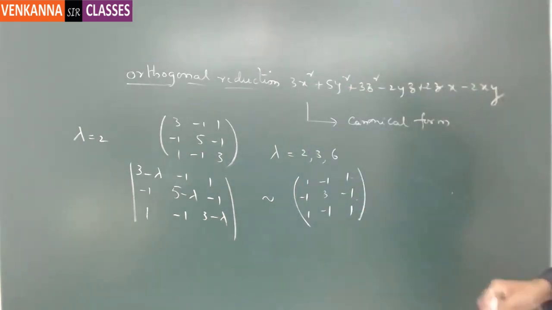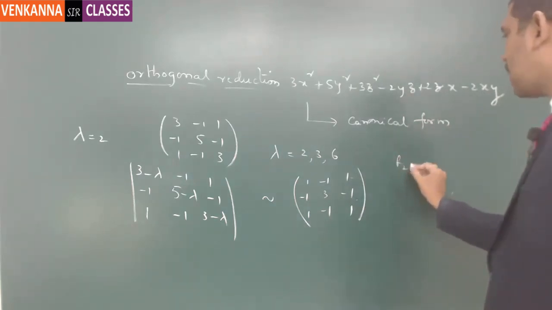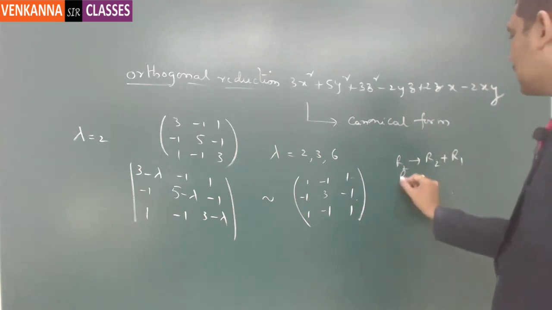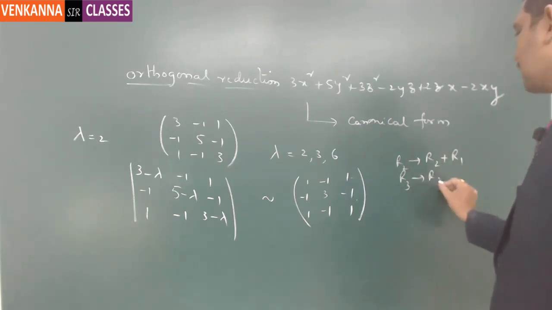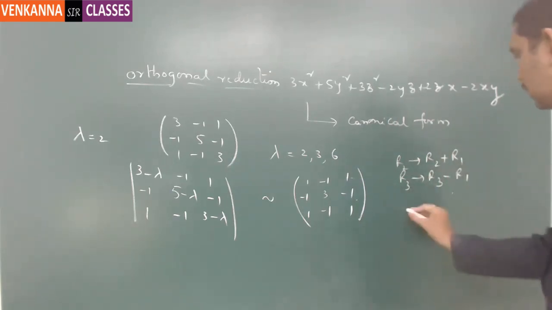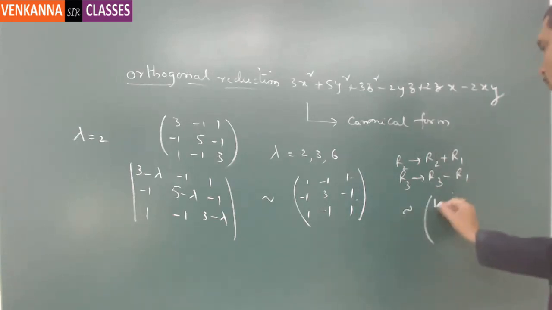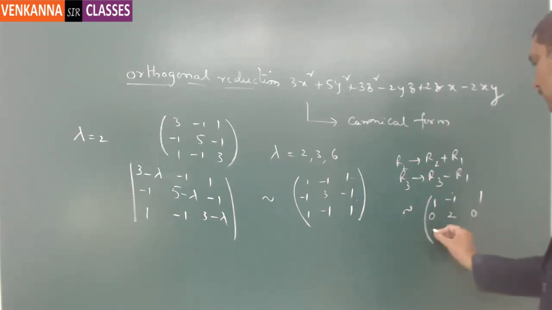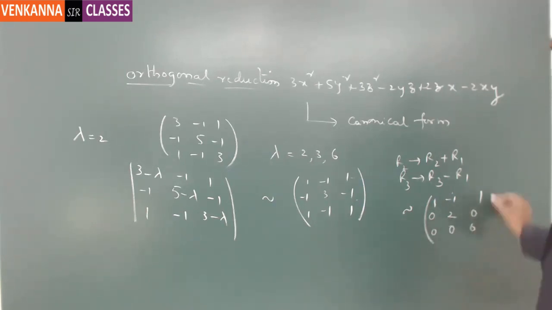Now we apply the operations R2 goes to R2 plus R1 and R3 goes to R3 minus R1. This is equivalent to 1, -1, 1, then 0, 2, 0, then 0, 0, 0.